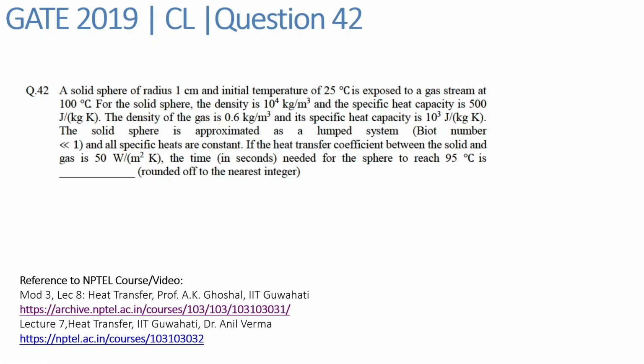So here we have been given a lumped heat capacity system in which we have to find the time taken by the sphere to reach the temperature of 95 degrees Celsius given all the other environmental parameters. Okay, so let's just write what all things we have been given.